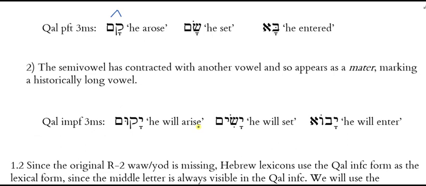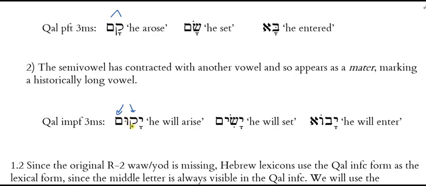And we hate hollow hamburgers, don't we? Anyhow, secondly, the semi-vowel also may have contracted with another vowel and so appears as a mater, marking a historically long vowel. So in the Qal imperfect 3MS forms of these same verbs, we have yaqum, he will arise. Notice my same two consonants, qof and mem, are here, and my prefix yod for the imperfect prefix is here, and inside is a shureq, and there is a vav here, but it is not a consonant vav.